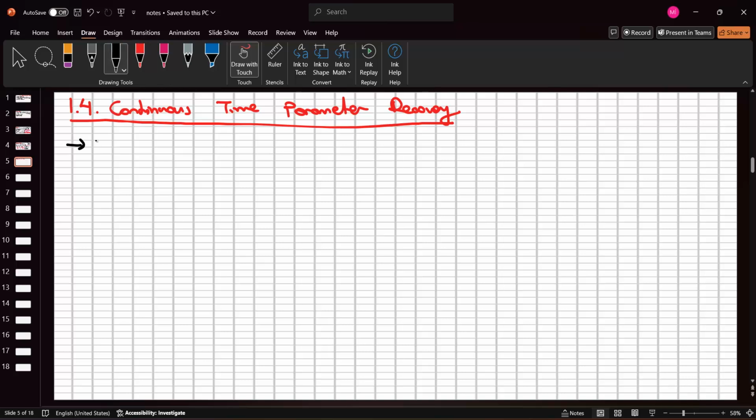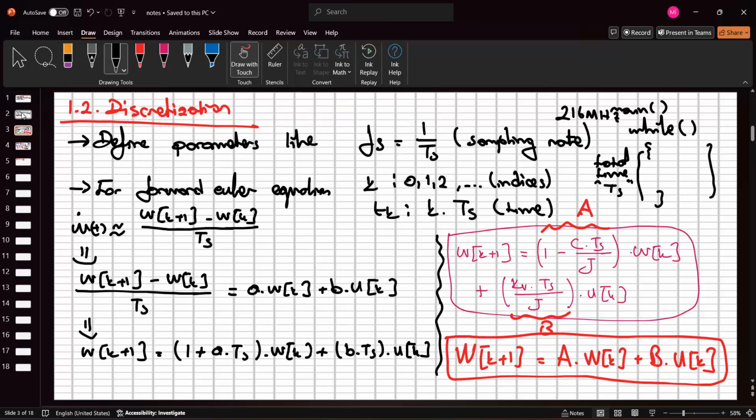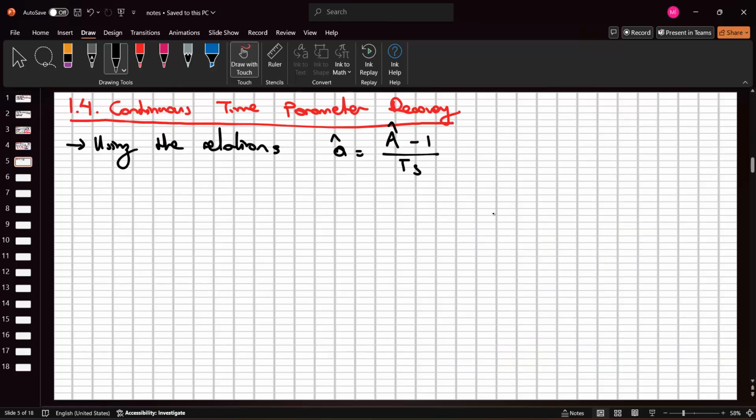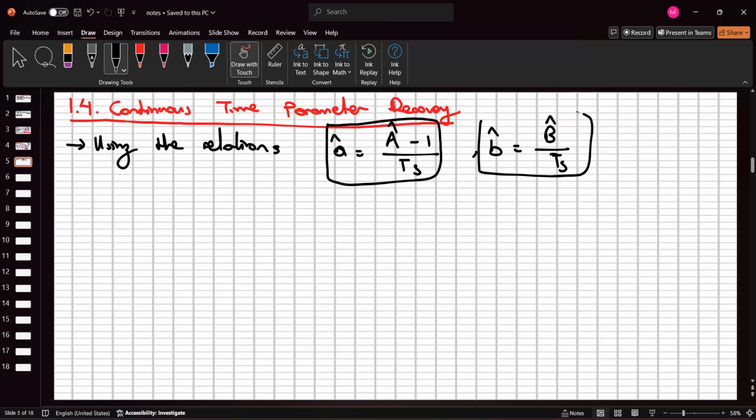Using the relation a hat, the estimated value, equals (A hat minus 1) divided by Ts. This is coming from this formation. This is the greater A, and this is the greater B, okay? And so we can also write the b hat equals bigger B divided by Ts, okay? And so these are the parameters.